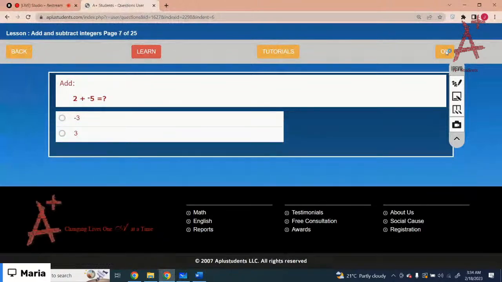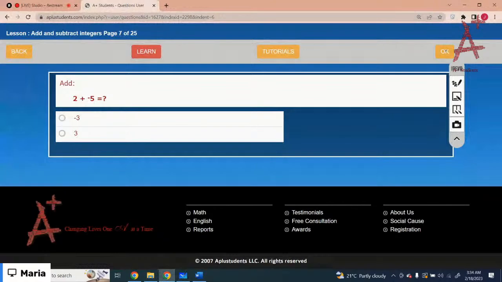Okay, the next one is 2 plus negative 5. So 5 is greater. 5 has a negative sign. That means the answer is negative.